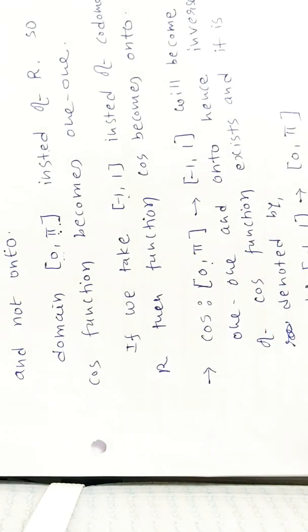So the domain and codomain will be interchanged in cos inverse. 0 to pi is the restricted domain of the cos function. The restricted domain of cos is 0 to pi.